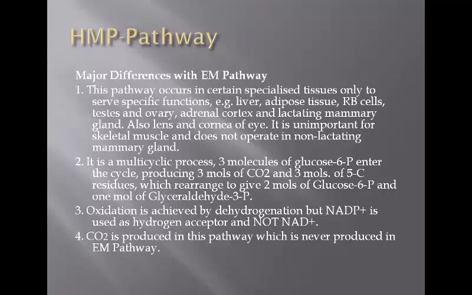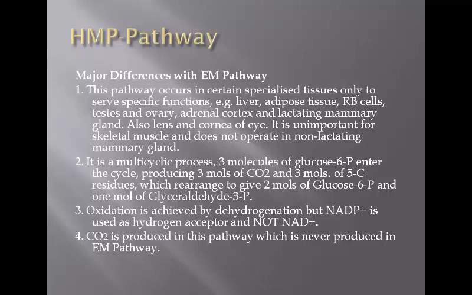When comparing with the glycolytic pathway, this is a multicyclic pathway. We saw that different pathways are involved in the single pathway, and in this pathway, 3 molecules of glucose 6-phosphate enter, producing 3 molecules of carbon dioxide and 2 molecules of 5 carbon residue pentoses, which are then rearranged to give 2 molecules of glucose 6-phosphate and 1 molecule of glyceraldehyde 3-phosphate.